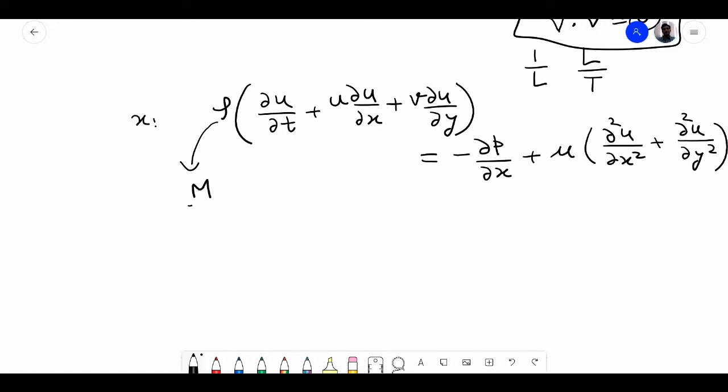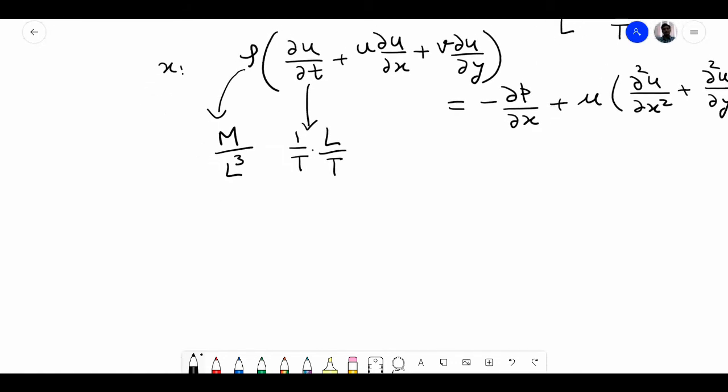So that is mass by L cube, dou u by dou t. Dou by dou t is 1 by time, and velocity is length by time. So L t to the power minus 2, that is the dimension.